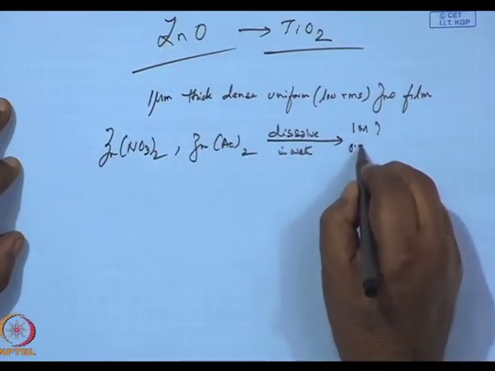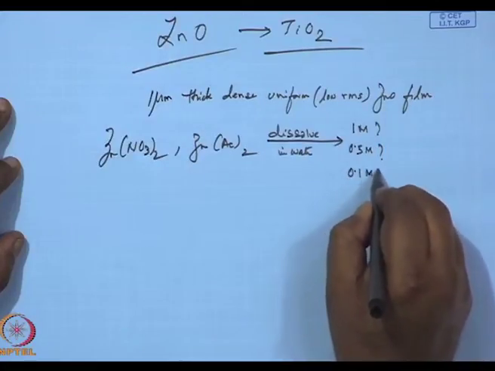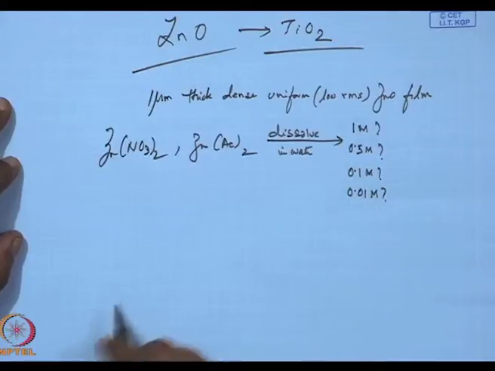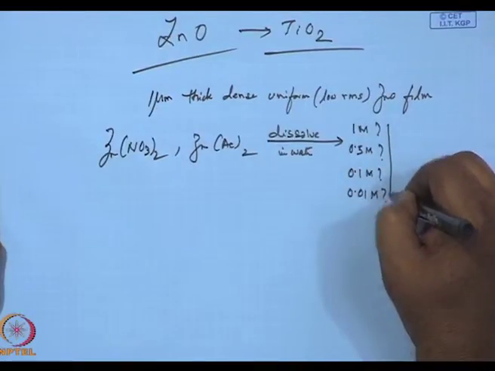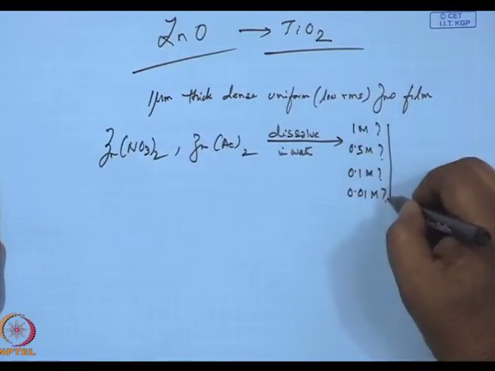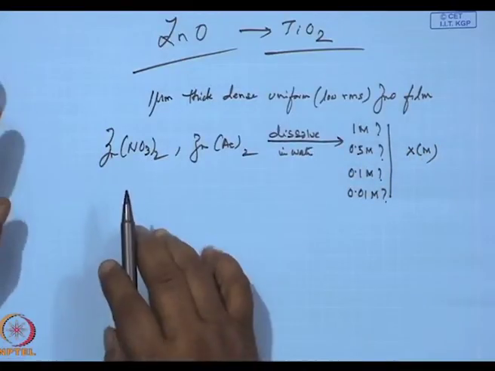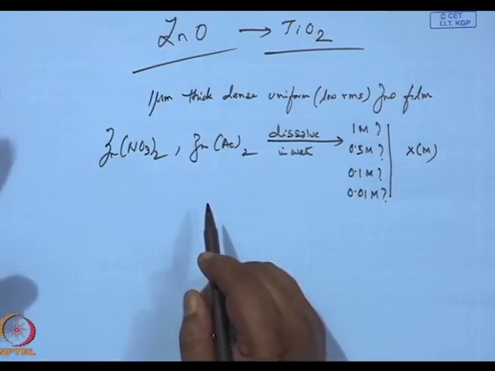Should it be 0.5 molar? Should it be 0.1 molar? Should it be 0.01 molar? Let me not answer this question now. Let me answer which concentration I would choose after I have described the experiment. So, let us say we have taken an X molar solution; you can make your pick, zinc nitrate or zinc acetate.